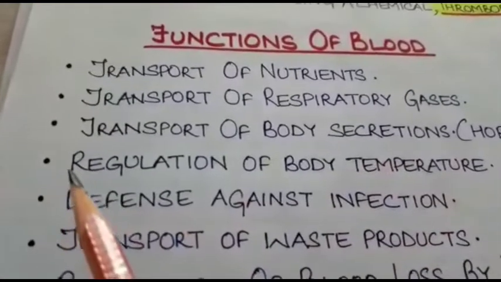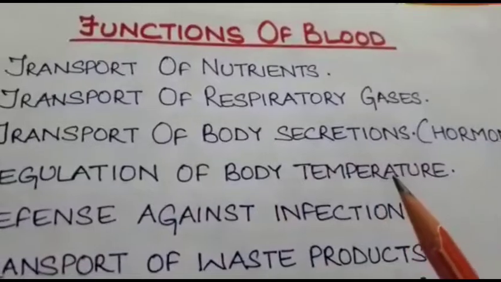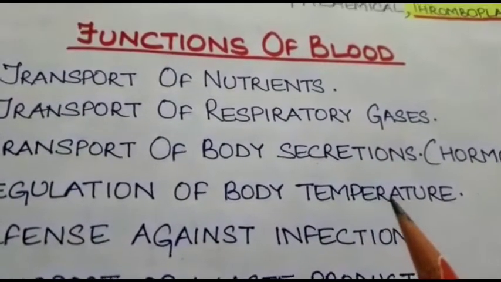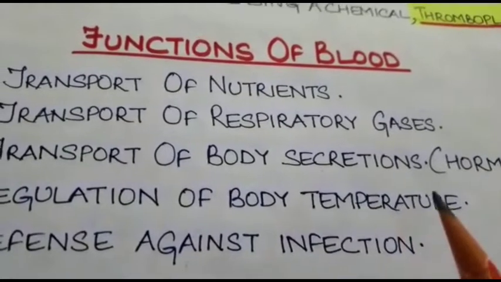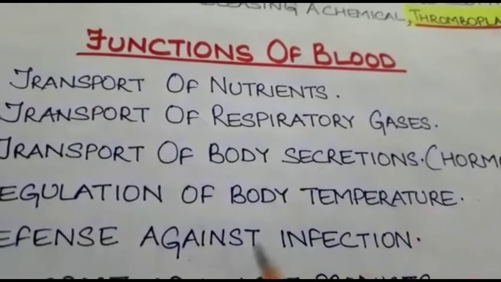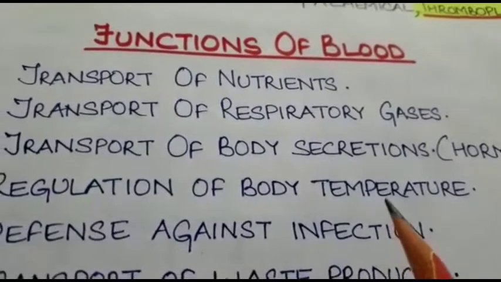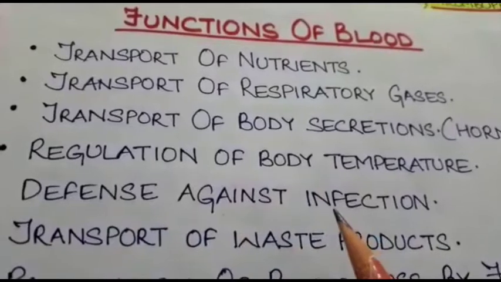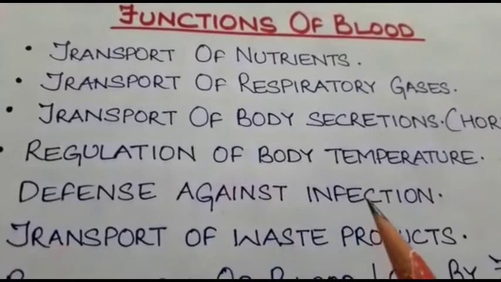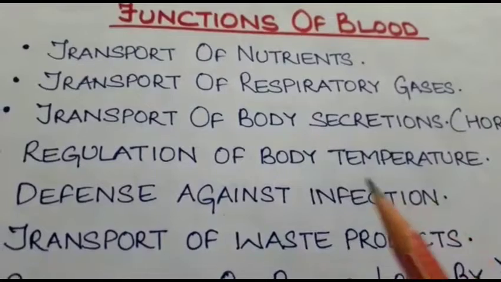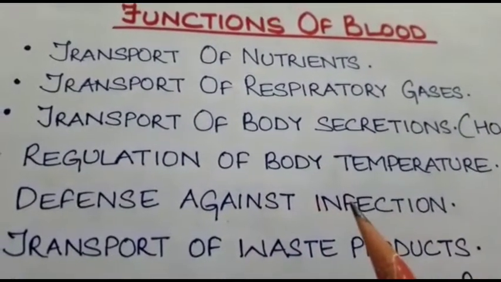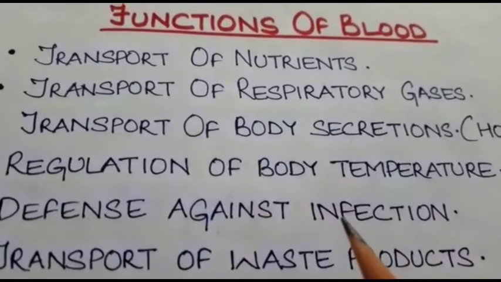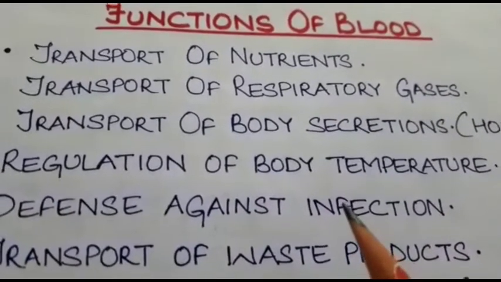The next function is regulation of body temperature. Regulation of body temperature is done by distributing the heat from the point where it is produced to different parts of the body. The next important function, defense against infection. Students, just now we have discussed the function of WBCs, that they play a very important role in the immunity by producing antibodies and by engulfing the foreign particles.